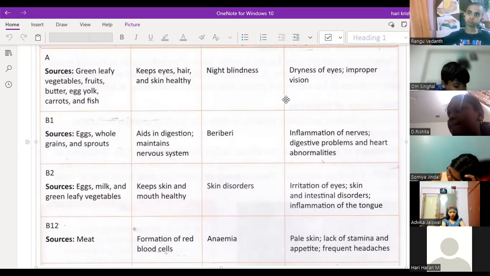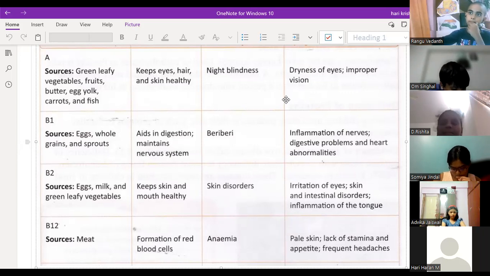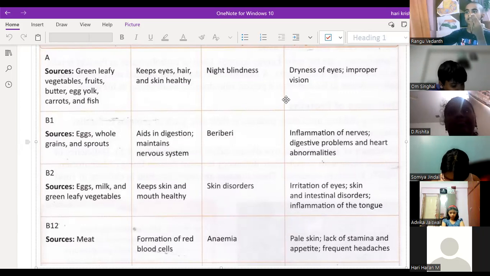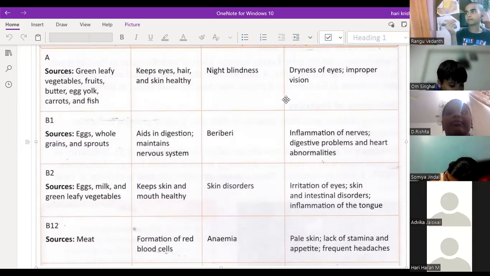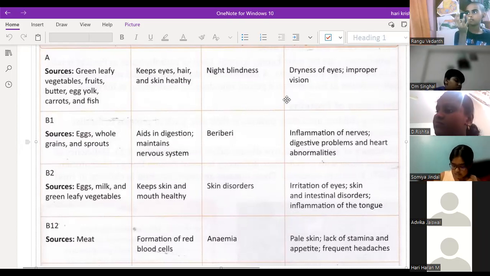Whenever there is a deficiency of vitamin B12, what are the symptoms it will show? Pale skin color, lack of stamina, lack of appetite, frequent headaches. Good. So these are the deficiency symptoms of vitamin B12.